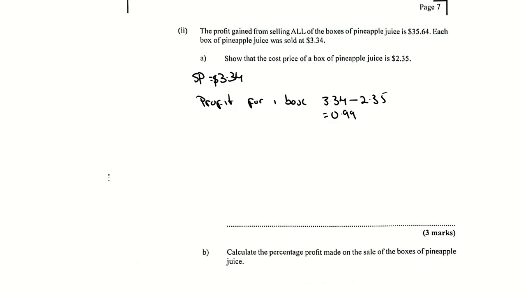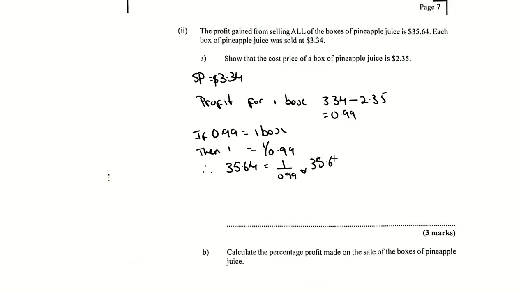Let's see, if 99 cents is equal to one box, then $1 would be 1 over 0.99. Therefore, $35.64 would be 1 over 0.99 multiplied by 35.64. Let's find out.